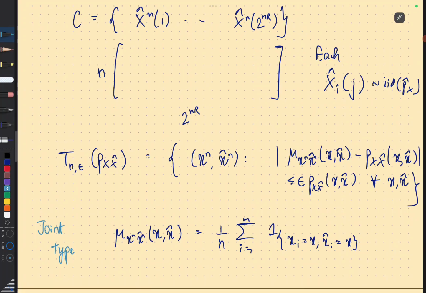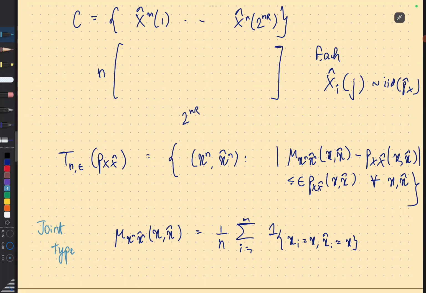In this, as well as in the previous discussion on lossless compression, the high level idea is the same: when you go to high dimensions, if you see an IID sequence, then the empirical frequencies are all going to be close to the true probabilities. That's also what we expect here.